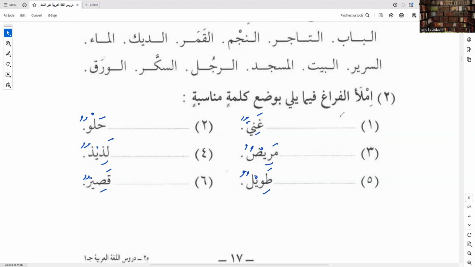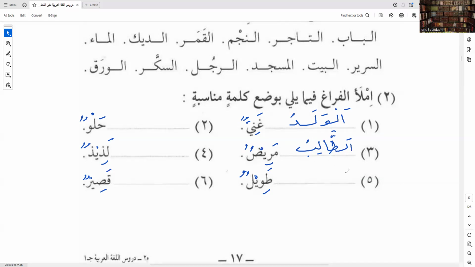So I can say al-waladu ghaniyun. The boy is rich. And I can also say at-tabibu or at-talibu, as we encountered. At-talibu maridun.